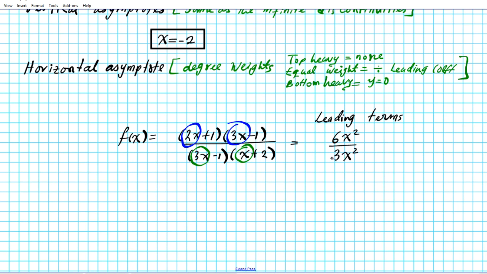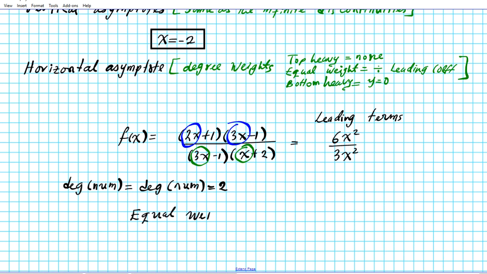Okay, in this particular scenario, we have what? Top heavy, bottom heavy, or equal weight. The degree of the numerator is equal to the degree of the denominator, which is equal to 2. So what does that mean? We have equal weights.